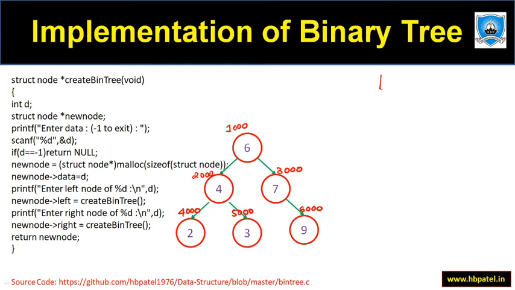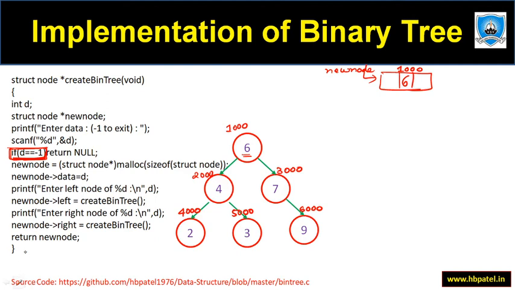Let's say I have created a new node over here, and you can assume the address is 1000. Then just enter some data. For example, in this case I want 6, so I'll be entering 6. If you are done, you will be entering -1, which means you don't want to proceed any further.